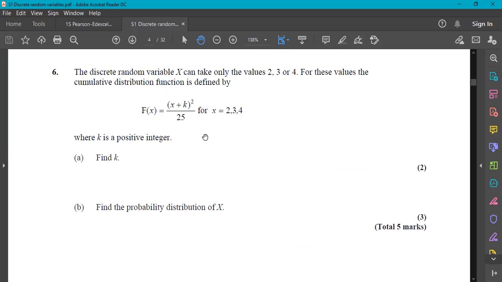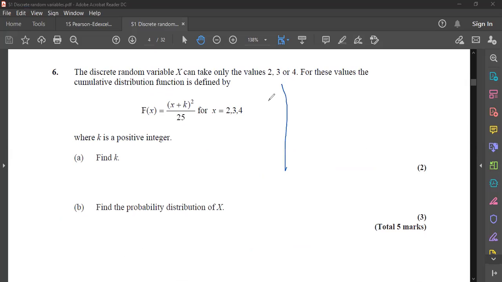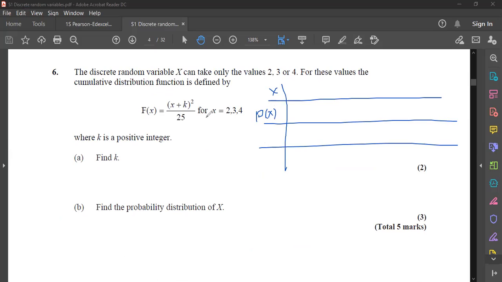Question number 6. First of all, we need to find the table. Now, the x's, the probability for the x's, which is not given, and the function Fx. Fx, not e. Okay, that's an Fx.